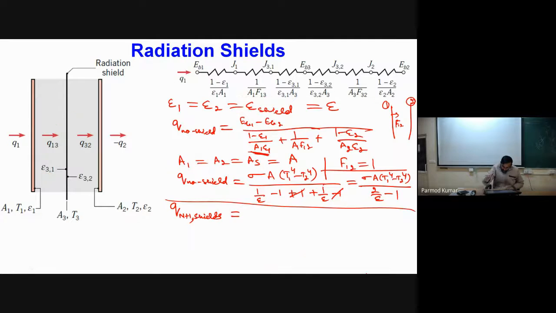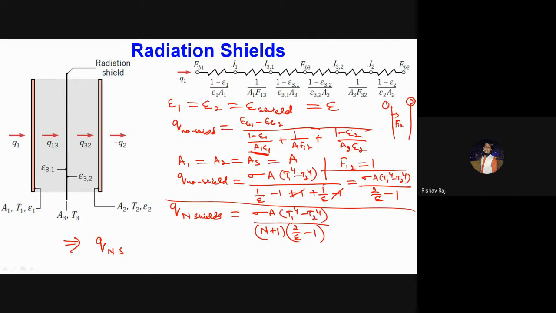If I introduce n shields, say in between, if I introduce n number of shields, can you tell me what will be my rate of heat transfer? Sigma A into T1 4 minus T2 4 divided by (n plus 1) times (2 divided by epsilon minus 1). Is it correct? Yes, sir.